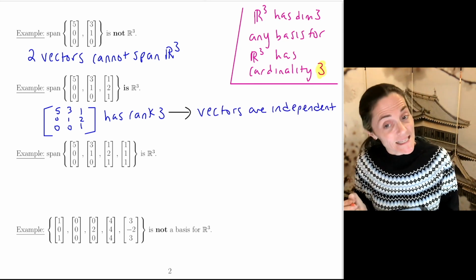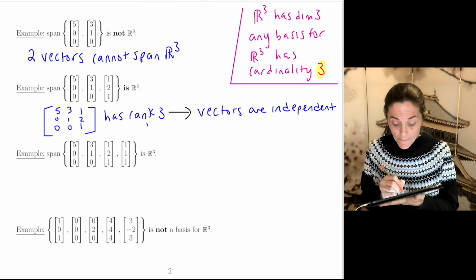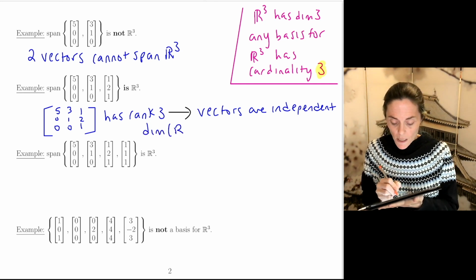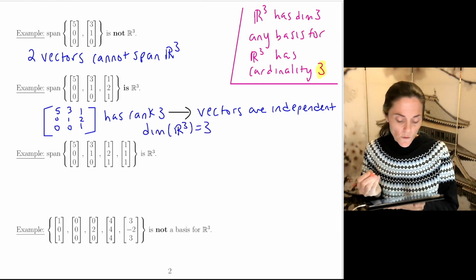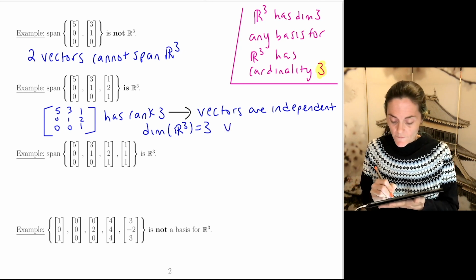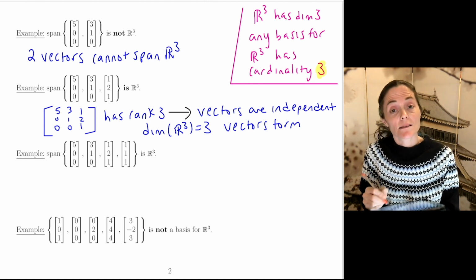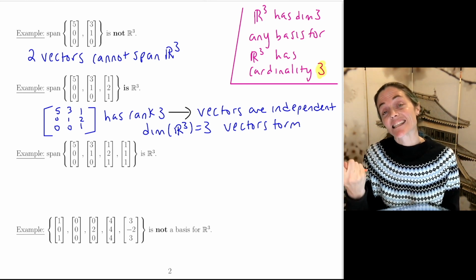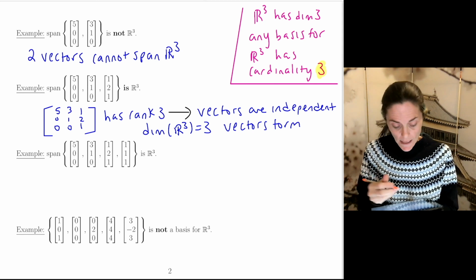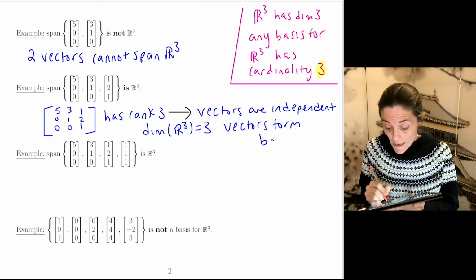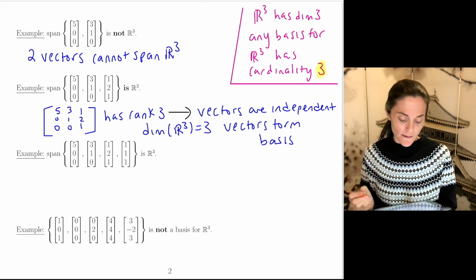We know the dimension of R3 is 3. So these vectors are a basis. The vectors form a basis. And necessarily every basis spans. Basis means the collection is linearly independent and spans. So these vectors span R3 because they form a basis.